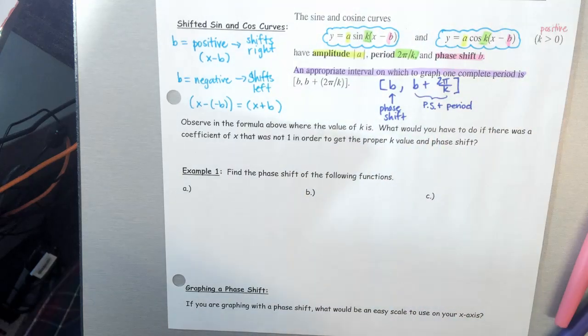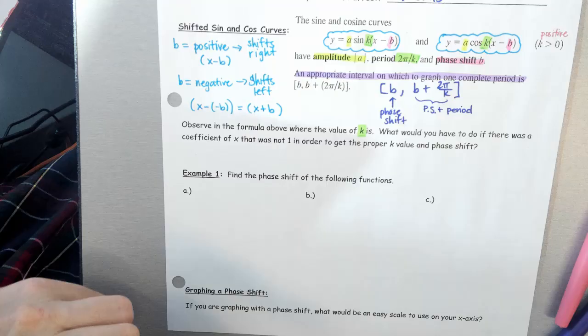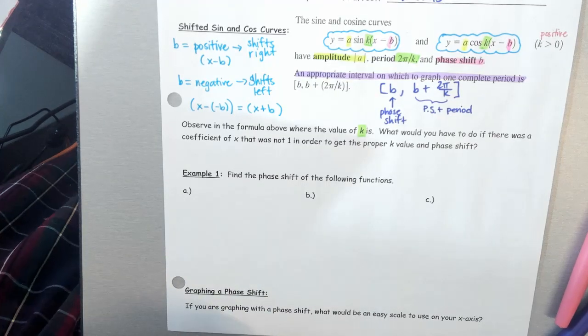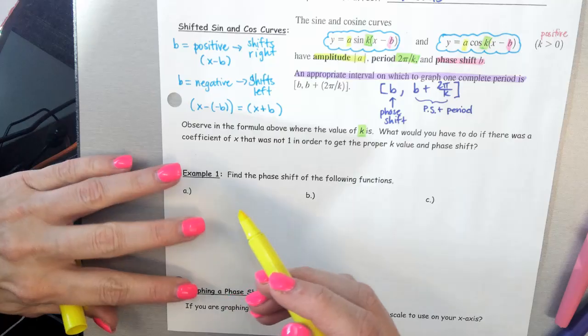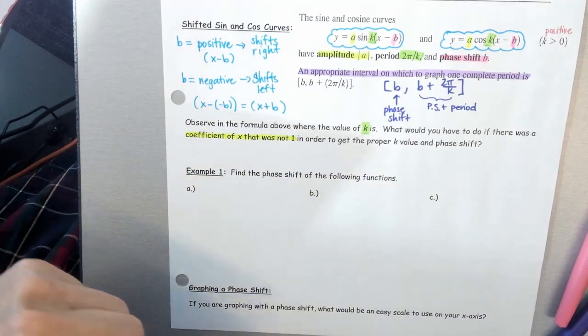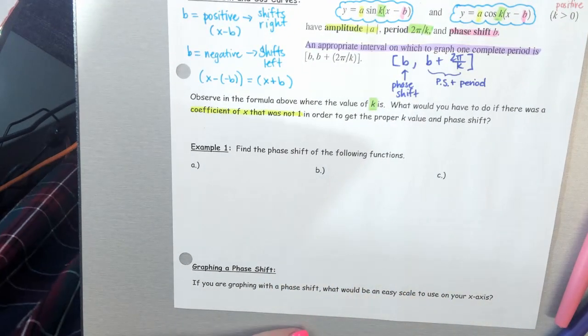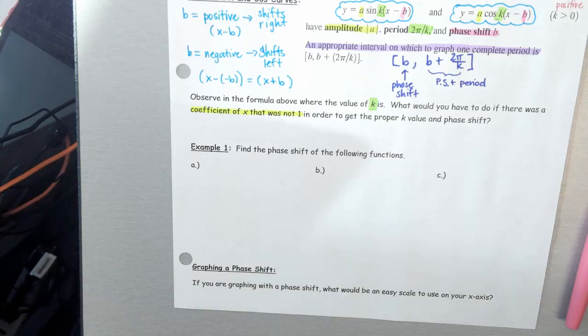Okay, and then I asked you to observe in the formula above where the value of k is. And what would you have to do if there was a coefficient of x that was not 1 in order to get the proper k value in the phase shift? So if there was a coefficient of x that wasn't 1, okay, then you need to factor out that value.